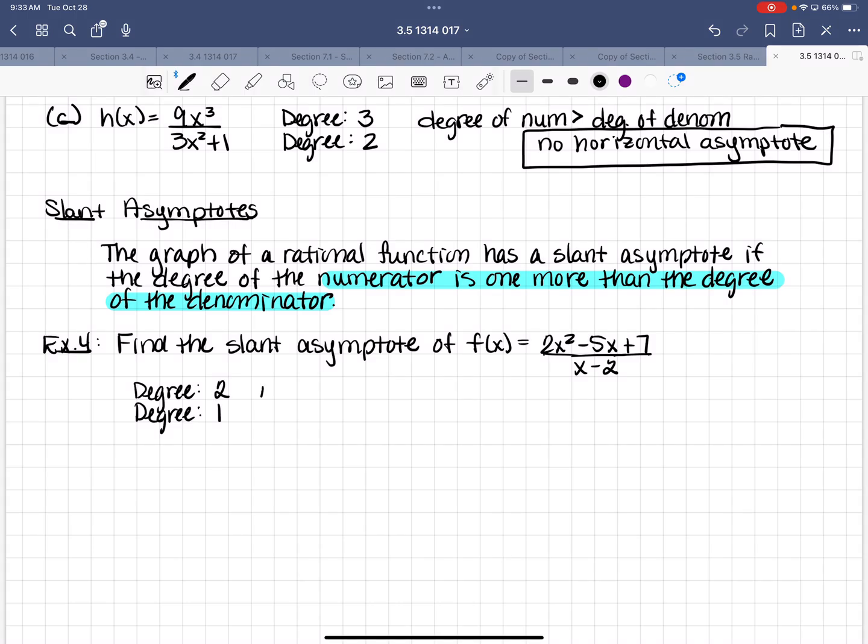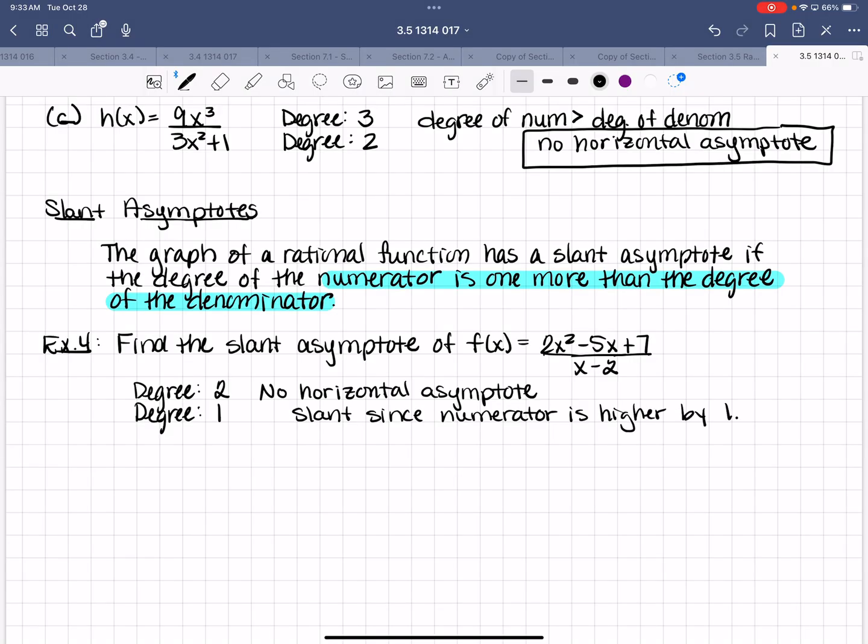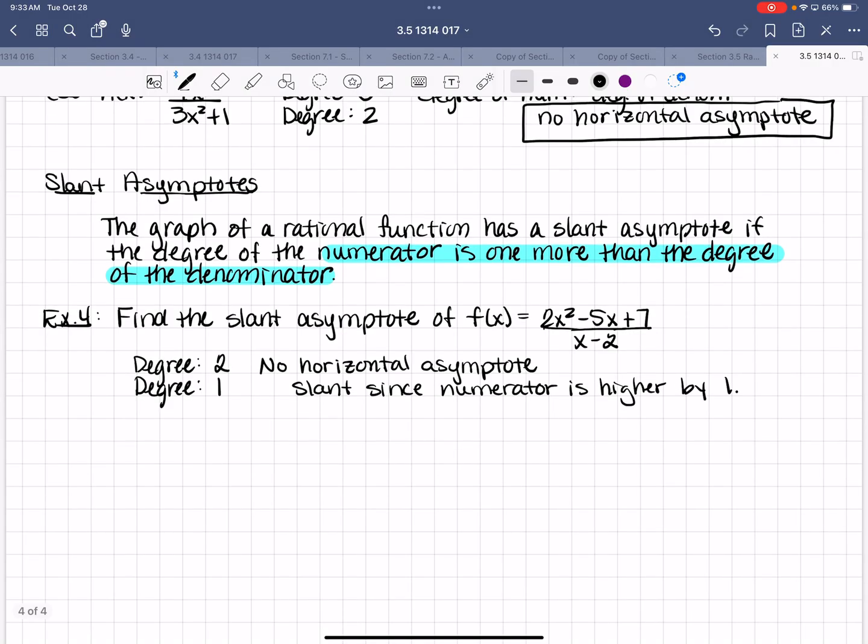Okay? So there will be no horizontal asymptote. There will be a slant since the numerator is higher by 1.